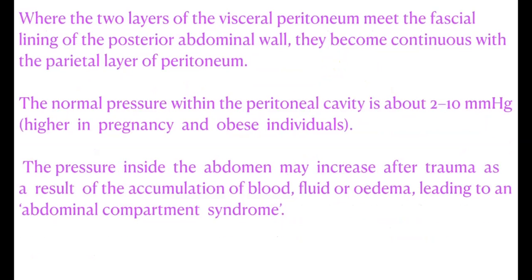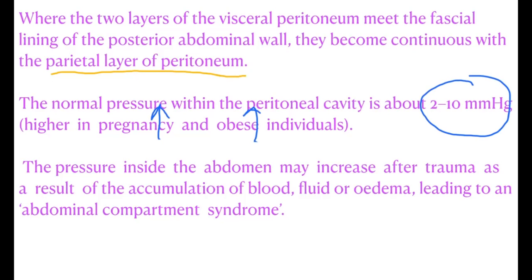Where the two layers of visceral peritoneum meet the fascial lining of the posterior abdominal wall, they become continuous with the parietal layer of peritoneum. The normal pressure within the peritoneal cavity is 2 to 10 mmHg, but this pressure is high in pregnancy and in obese individuals. Why this pressure is important is because of compartment syndrome.